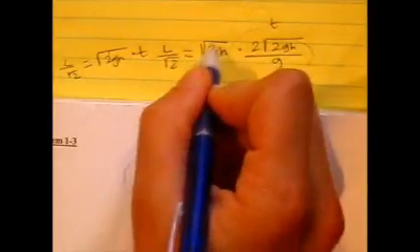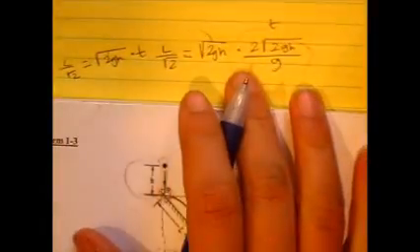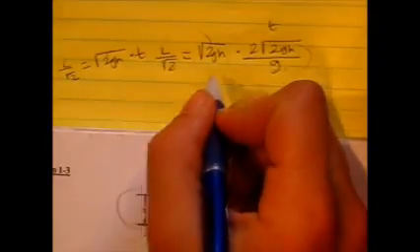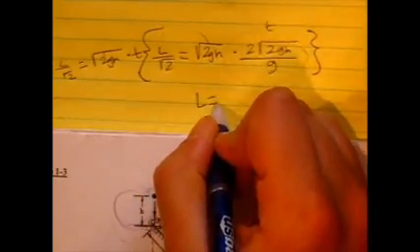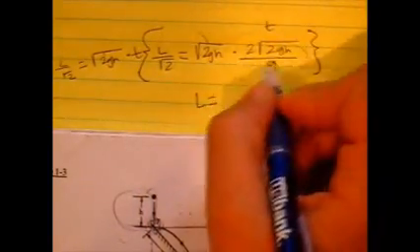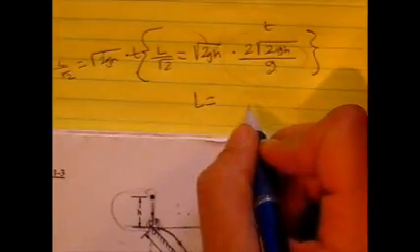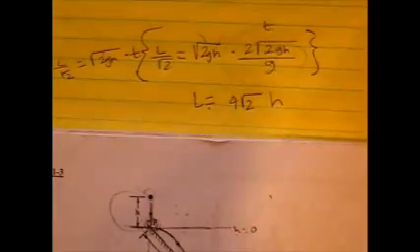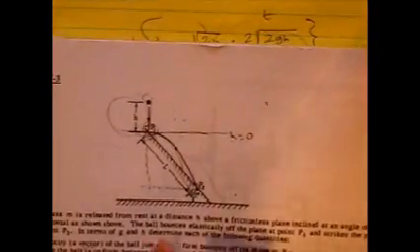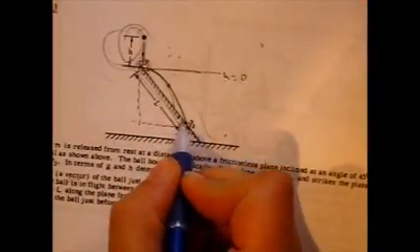You just combine it, and the g's end up canceling out, and you just have L equals 4 rad 2 h. So we found the distance L in relationship to the height, which is perfect, between these 2 points right here.